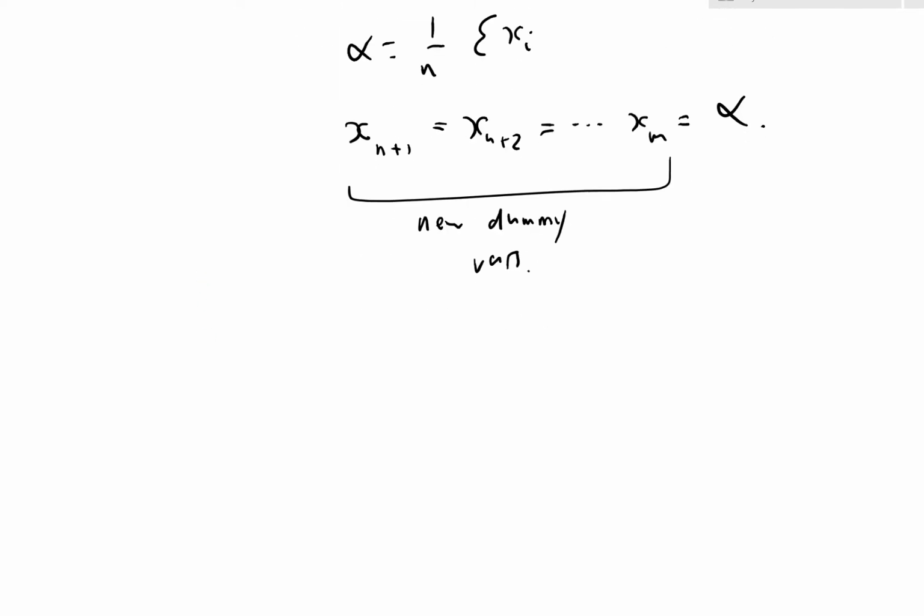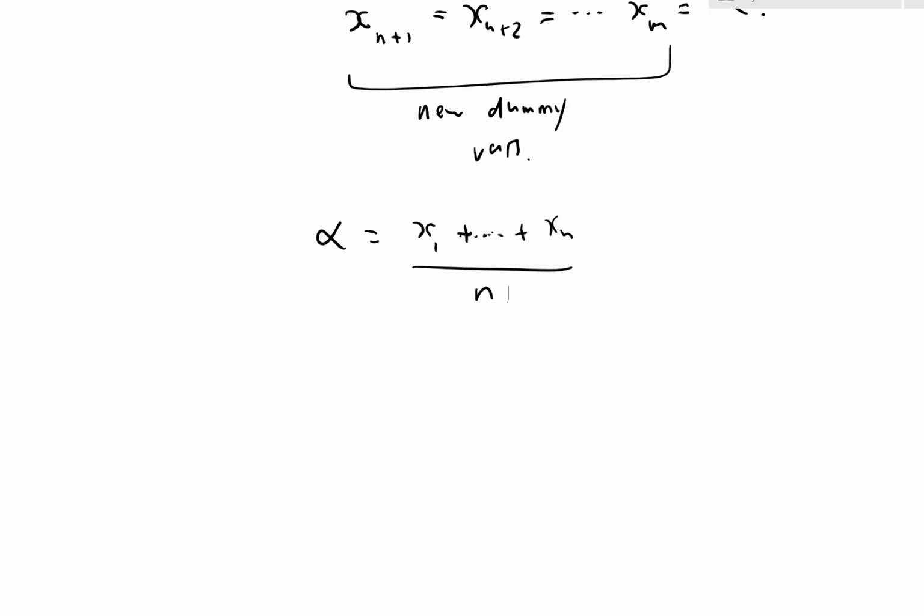Okay, so I'm going to start out with alpha, which is equal to (x1 plus dot dot dot plus xn) over n. And what I want to show is that alpha is greater than or equal to (x1 times all the way through to xn) to the power 1 over n.